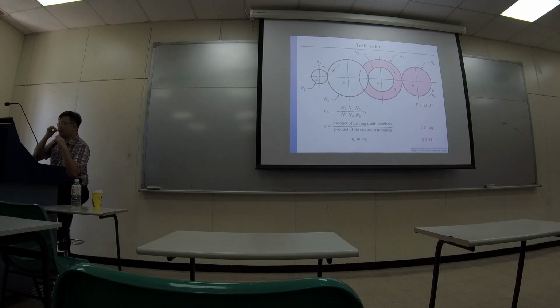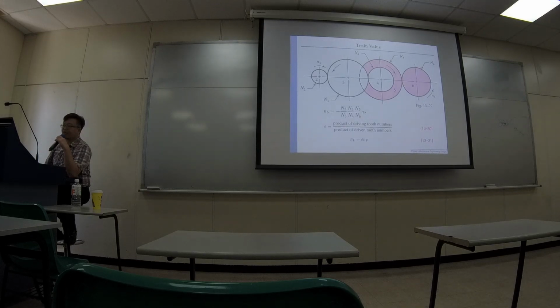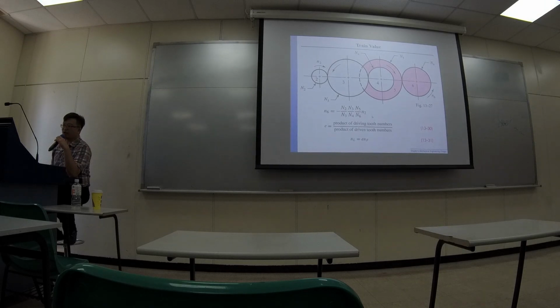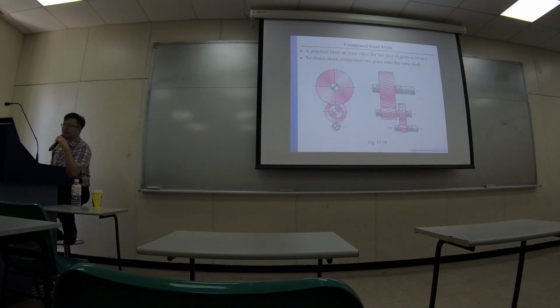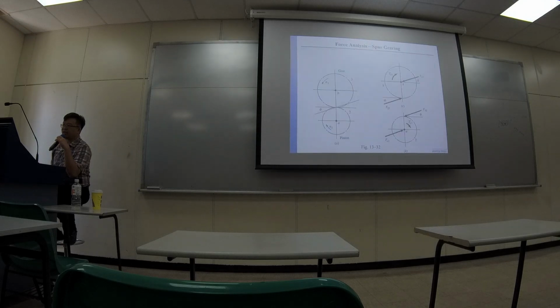But if you later in the future design gear trains, then usually you need to compute the ratio of number of teeth in a series. Then you will know the efficiency of your gear train. Anyway, I think this particular slide is done.